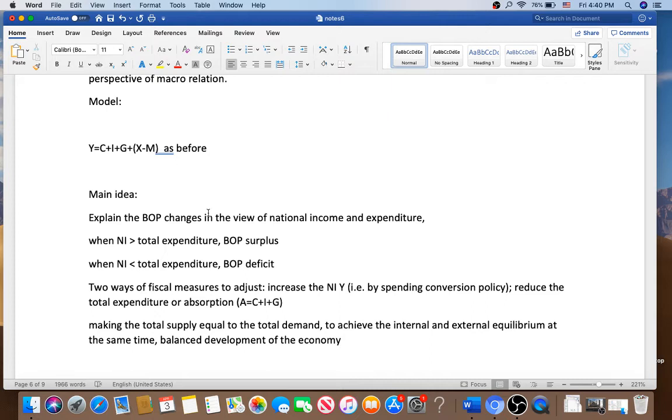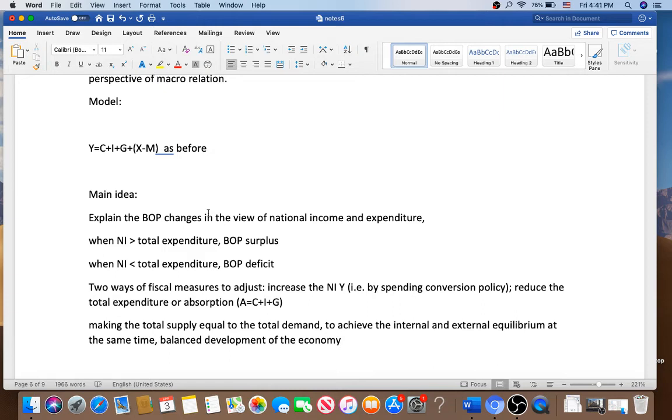Imports are a component in the total absorption, and the import can be reduced by reducing the absorption A. In addition, the resources released after reducing absorption A must be put into the export or import substitution sectors to improve the international balance of payments.